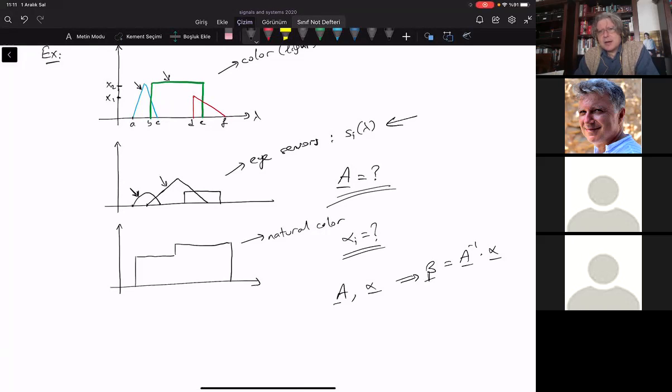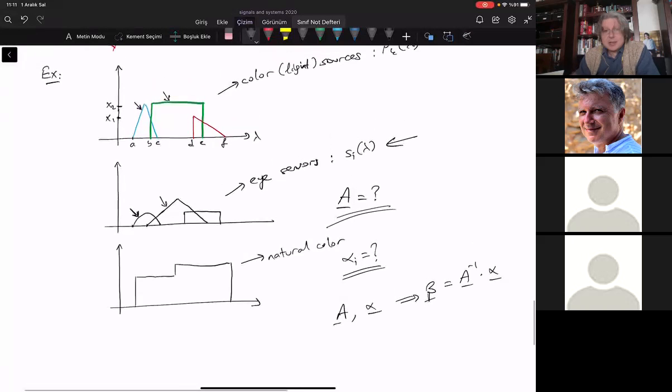The discussion may arise if some of the betas happen to be negative. If that beta is negative, it means with these color sources or light sources at the top, it's impossible to reproduce this color, the natural color that I have drawn at the bottom, using these color sources, as long as your eye response is like this.